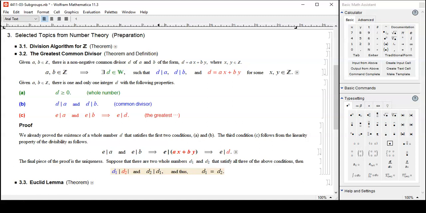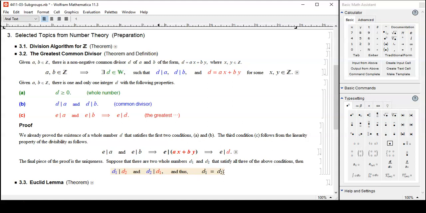And then we can do vice versa. Both d1 and d2 are GCDs with all these properties. So let's apply the blue property for d2. So d2 is a common divisor. In other words, yes, replace e here. And then d1, let's apply the red property. So d2 divides d1. So d1 divides d2, and also d2 divides d1.